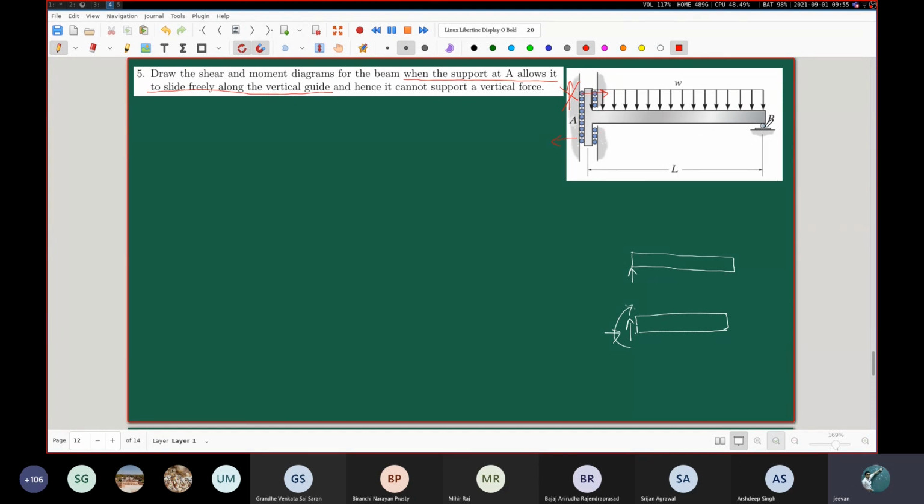And of course, at the right end, since you have another roller support, you will have a reaction force in the vertical direction. So overall, the diagram will look like this.